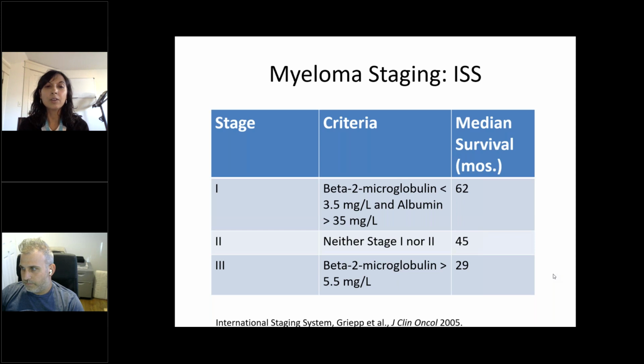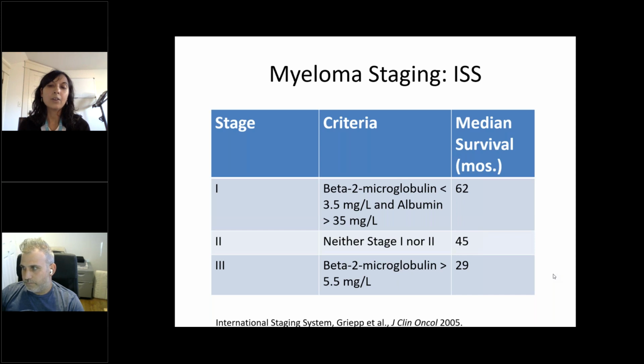But in general, in 2021, the average survival for myeloma is about 5 to 6 years. As I mentioned, the standard risk patients are the majority, so 60% fall into the standard risk category. So 62 months is basically 5 years. So I think those numbers do hold up.